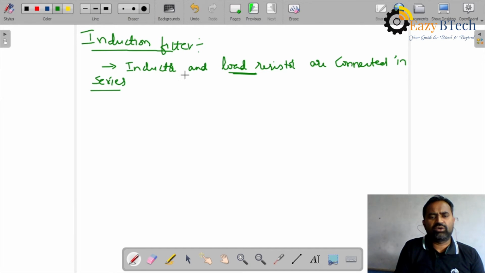Okay, the inductor and load are connected in series to the rectifier. That is why it is called a series filter.